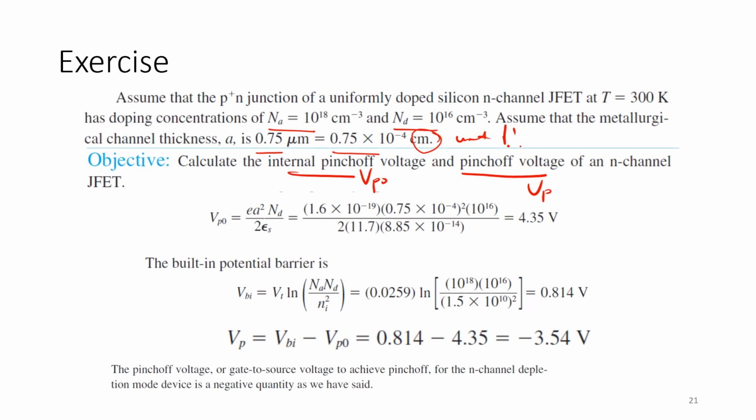To find VPO, we just use this equation and substitute the values. To find the pinch-off voltage, we first need VBI, which is equal to VT ln of NA times ND divided by NI squared. Once we have VBI, we can get the pinch-off voltage.